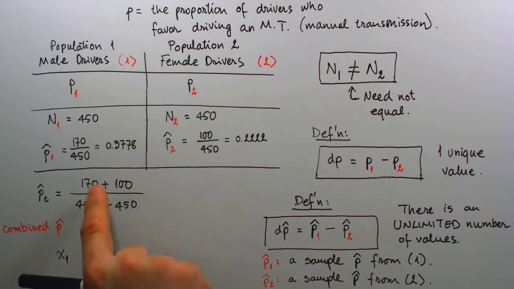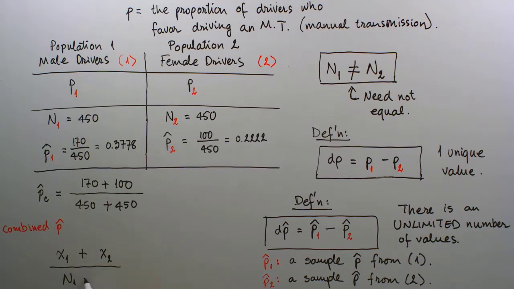So the formula is set up as x1 plus x2 divided by the total of n1 plus n2, and this is how we set up p hat c in general. Normally, I tend to lead my students or viewers directly into getting the result, and then when we're done, I restate the actual formula that ran behind the scenes. So this is the formula to calculate the combined sample proportion.